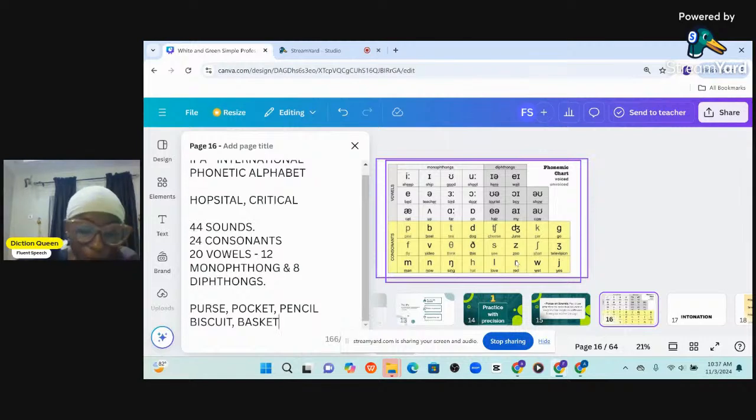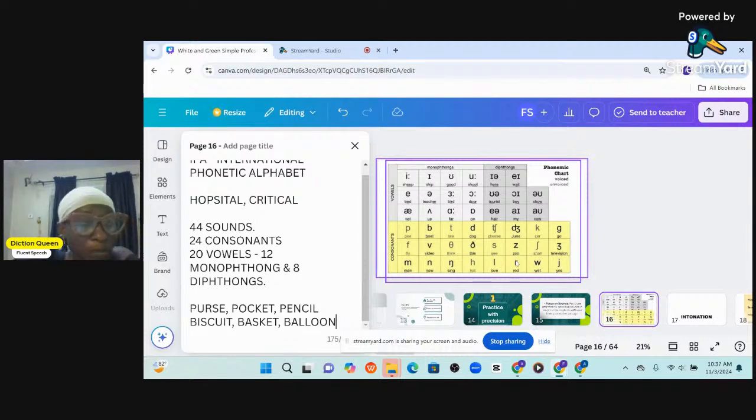Basket. Remember the word pocket. The E sounds A. Pocket. Also in the word basket, the E sounds A. Basket. And I also have the word balloon.